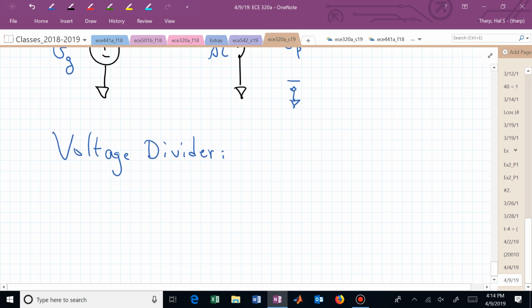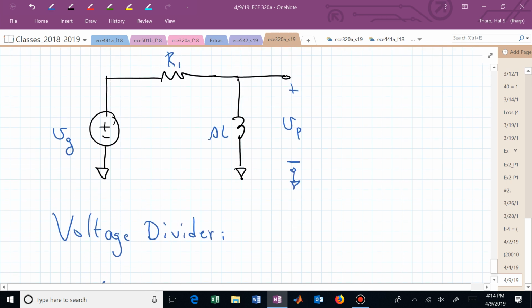Doing that, V sub P of S, that voltage at the non-inverting terminal of the op amp, is now SL over R1 plus SL.